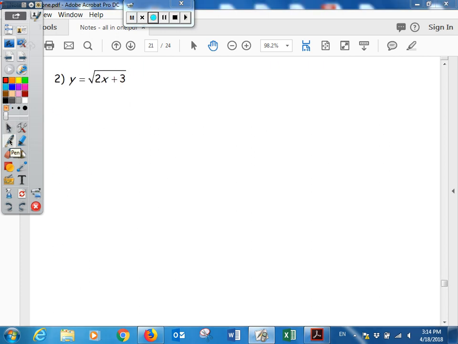We've got y equals the square root of 2x plus 3. So our formula again, the slope is equal to the limit as h approaches 0 of f of x plus h minus f of x all divided by h. Alright, so when I want f of x plus h, that's going to be the square root of 2 times x plus h plus 3.